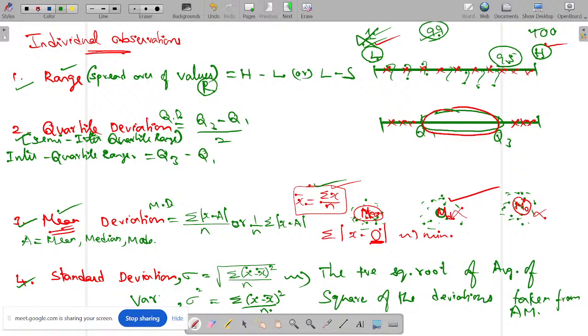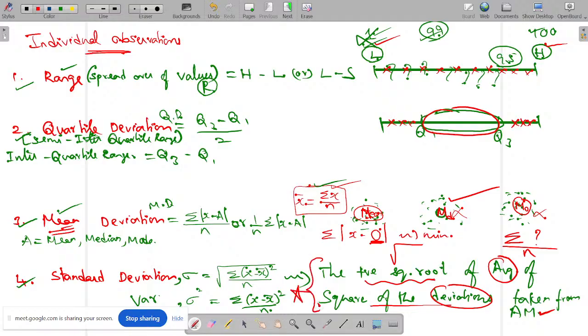Average means you have to sum something and divide by the number of values given, n. Sum of what? Squares of the deviations. Deviations taken from the mean. This is a very important formula, often asked.